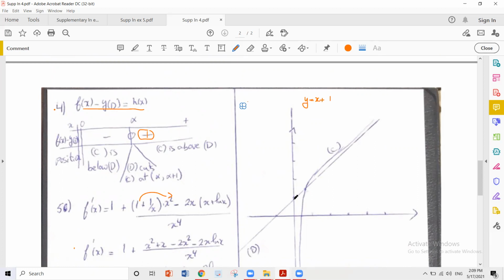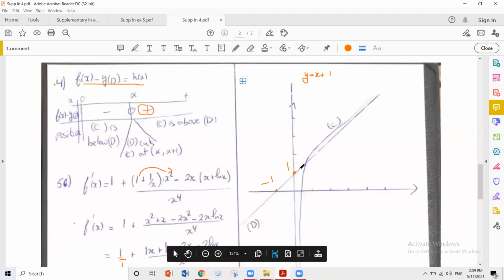For x equal 0, y equals 1. For x equal minus 1, y equals 0. This is D.